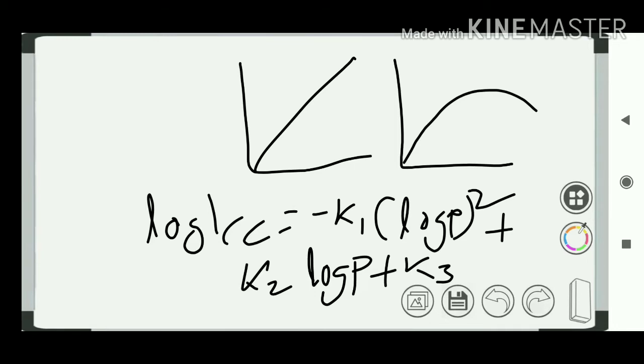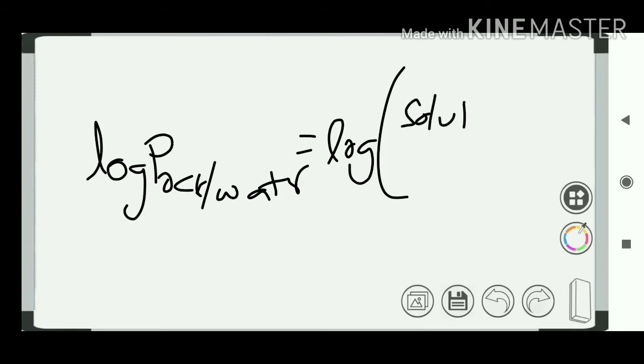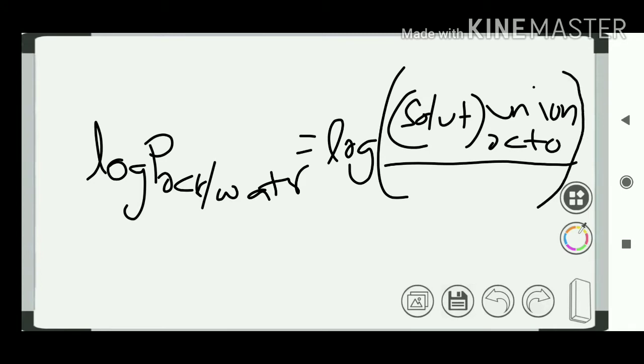If you see the ratio as log P, we can give it as log P octanol by water, which equals log of the solute, that means a drug, in unionized form in octanol, followed by the solute, that means your drug, in unionized form in water. So let's imagine this is the overall equation.